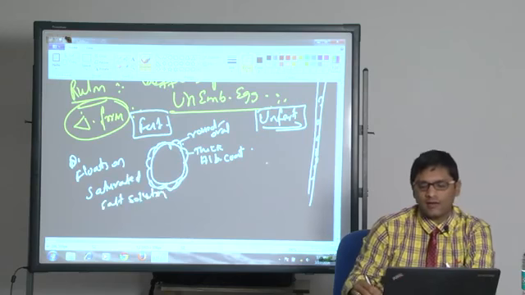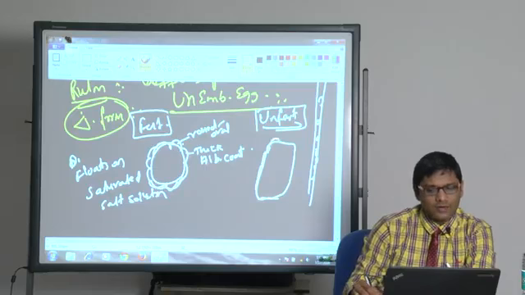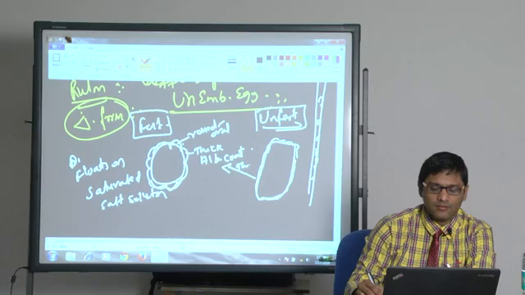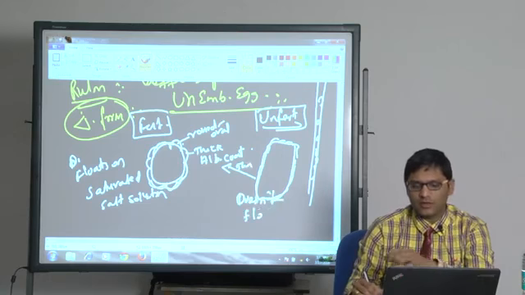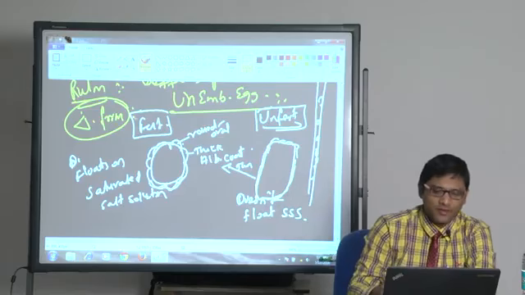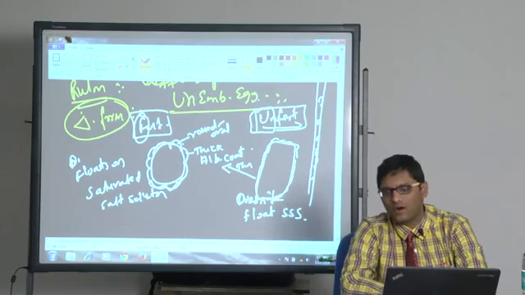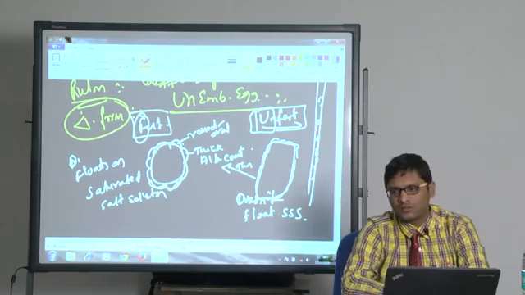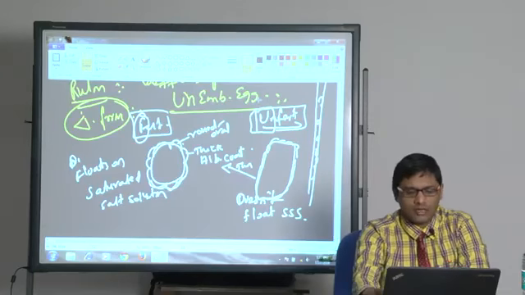Unfertilized egg is rectangular and elongated, and the albumin coat is very thin, and it does not float on saturated salt solution. F for F: fertilized egg floats, unfertilized egg does not float on saturated salt solution. Okay, so this is all about Ascaris.